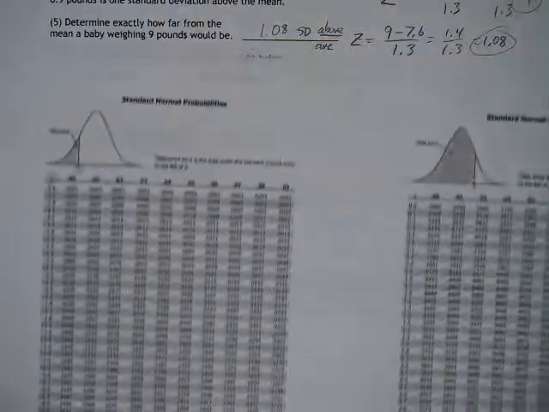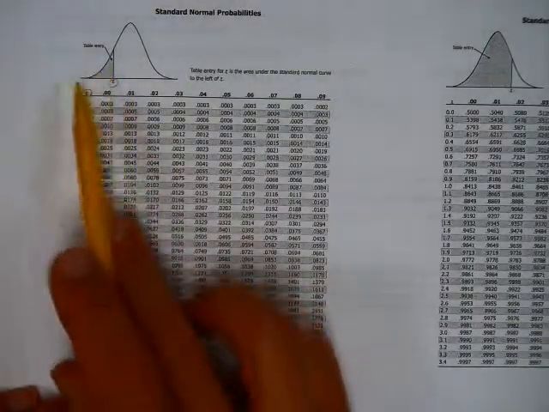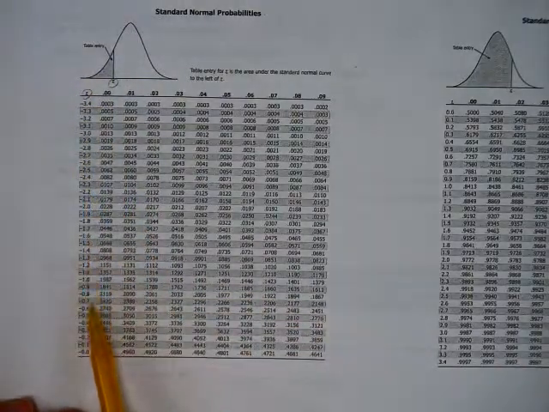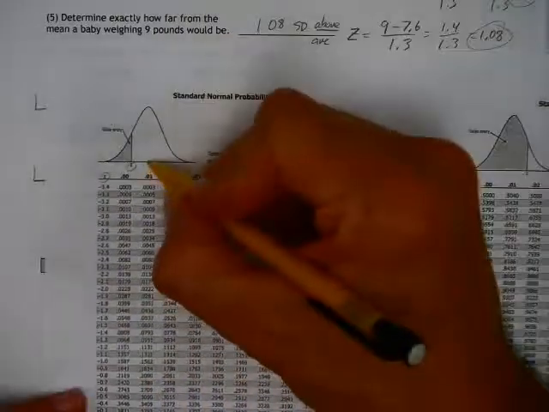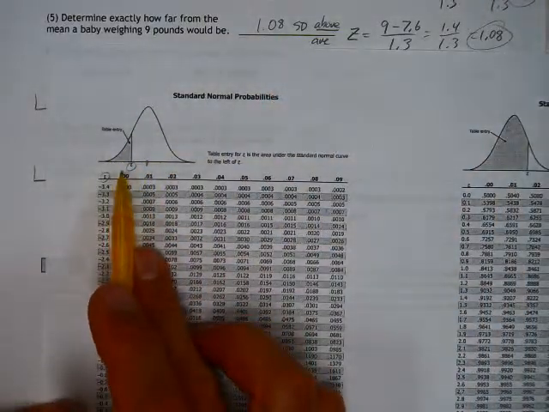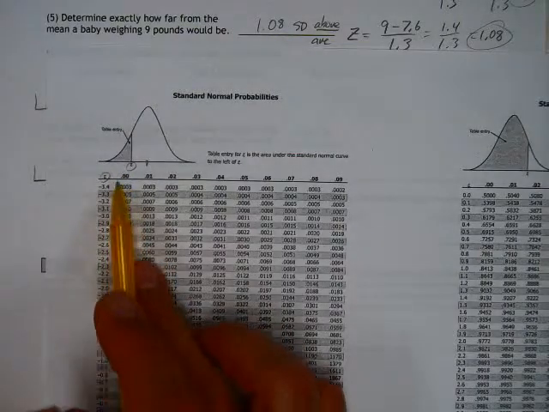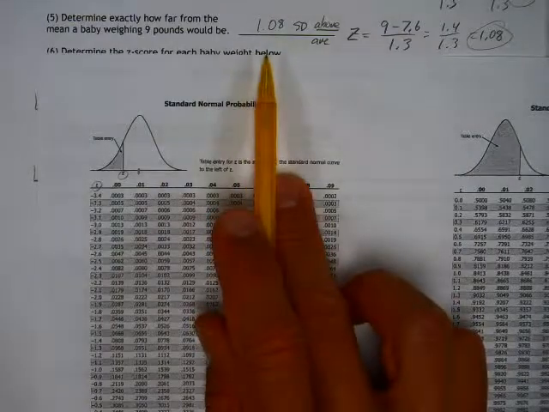If we have a z value of 1.08, meaning we're a little more than one standard deviation above average, and I look at my table, you'll see that there are two sides to it. On the left side, every one of these numbers is negative. That makes sense, because if this is the mean, any z value to the left represents a value below average. Well, 1.08 is above average, and that's what this side of the table is for.